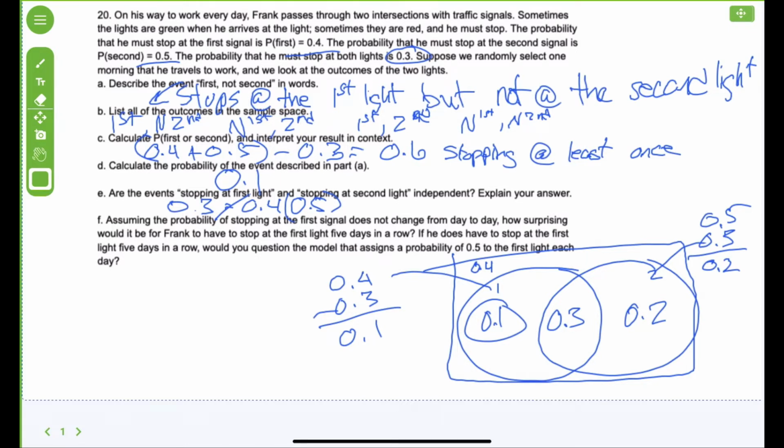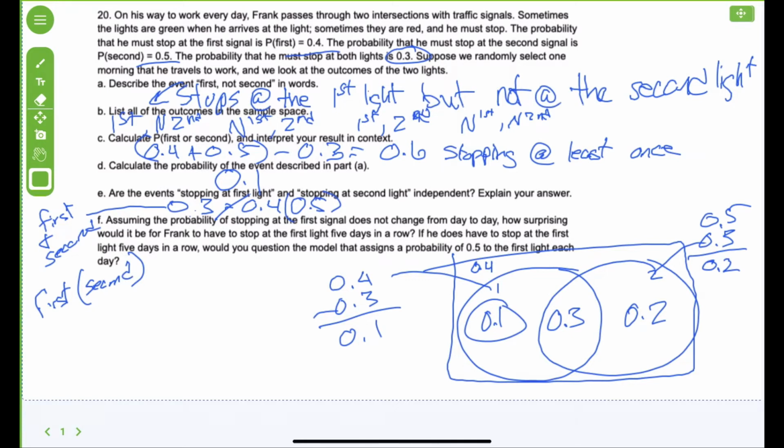This is the first, right here, this is the first and second. And this would be the first times the second. And those are not the same.